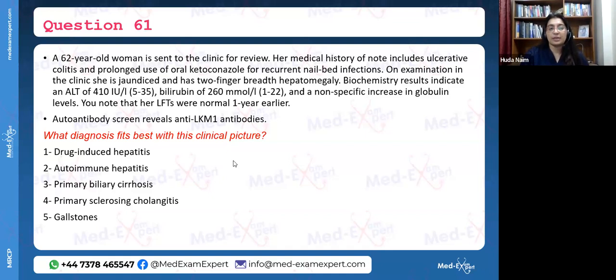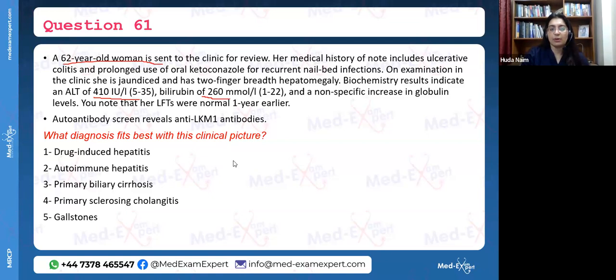Very good. They're telling you that there's a female who has presented with ulcerative colitis and prolonged use of oral ketoconazole, and look at the age of the patient. The biochemistry is telling you there's an ALT of 410, bilirubin of 260, and non-specific increase in globulin levels.